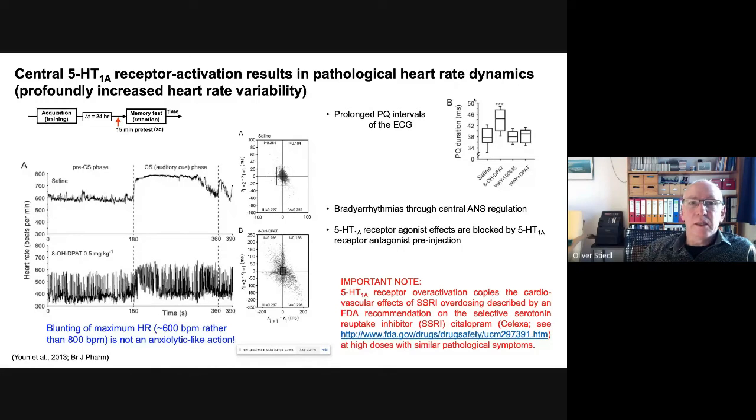So let me take an example. This is 5-HT1A receptor activation that results in pathological heart rate dynamics. So we use 8-hydroxy-DPAT, and what we normally see is, remember, I showed you this in the beginning, this is your baseline heart rate.